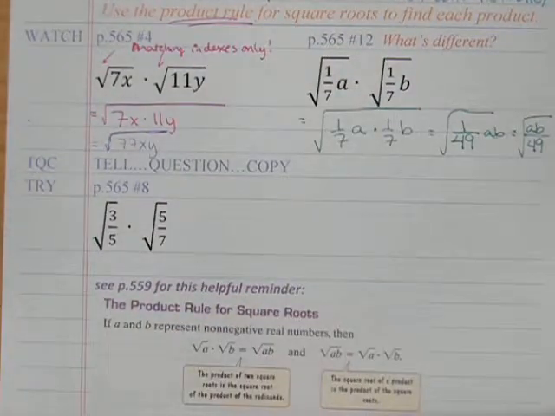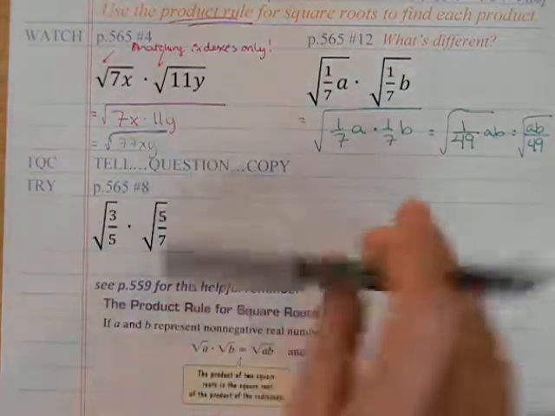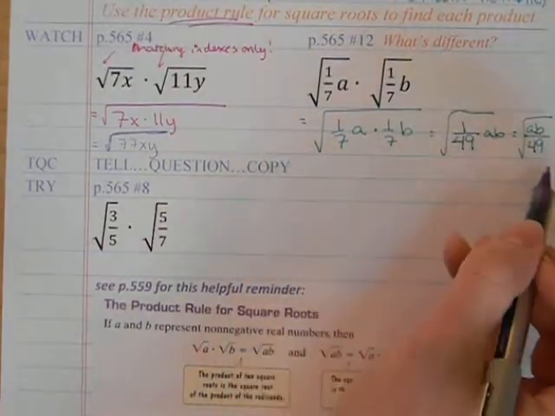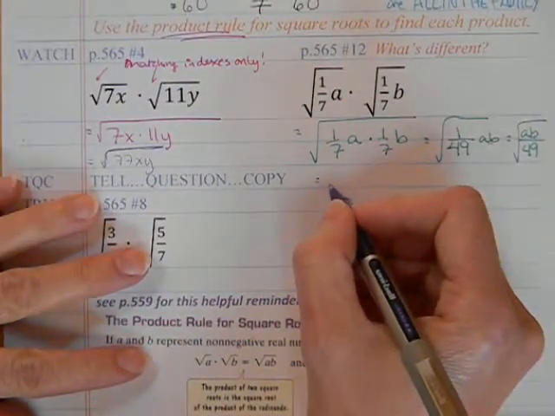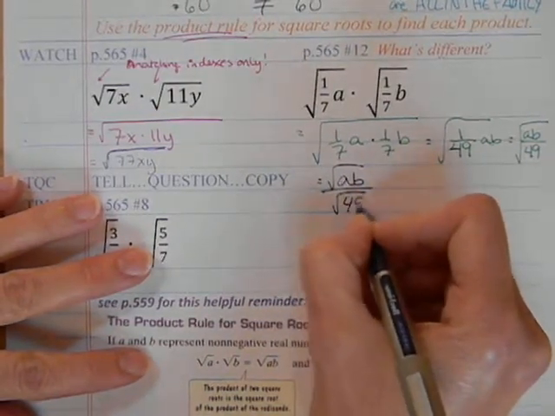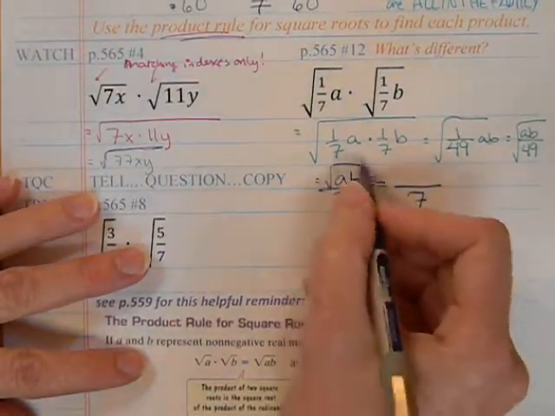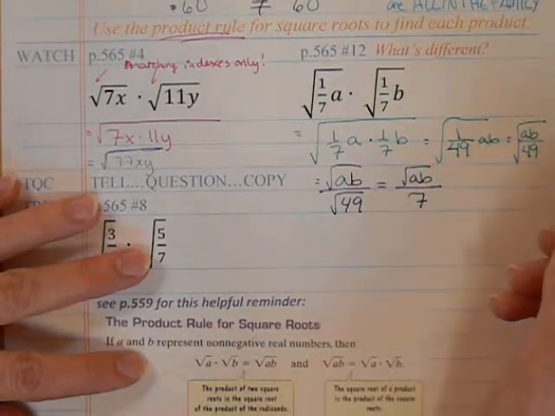So one of the things that you can do is split across division too. So you can rewrite this as radical AB over radical 49, and we know the answer to radical 49 is just 7. What we don't have any clue about is what A and B equal, so that's just going to stay radical AB.